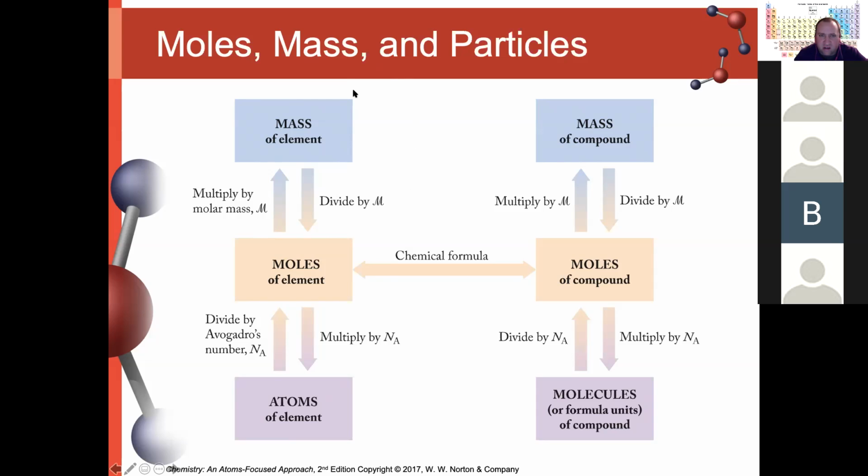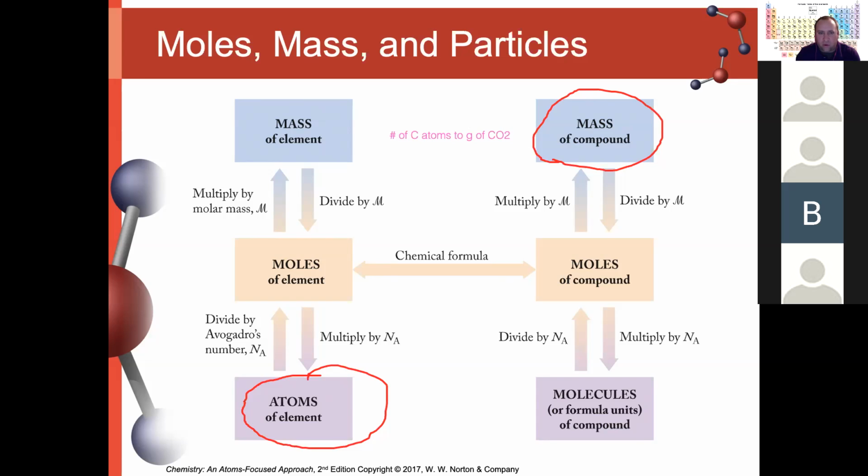Let's imagine for a second that I needed to calculate the mass of a compound based upon the number of atoms of a particular element. So let's say I want to go from number of carbon atoms to grams of carbon dioxide.